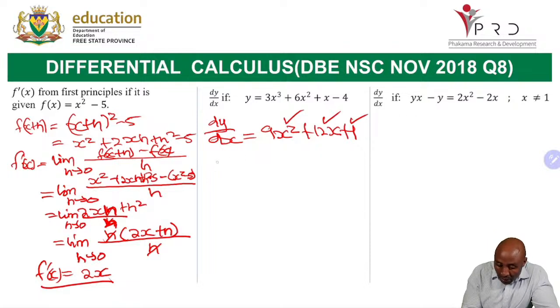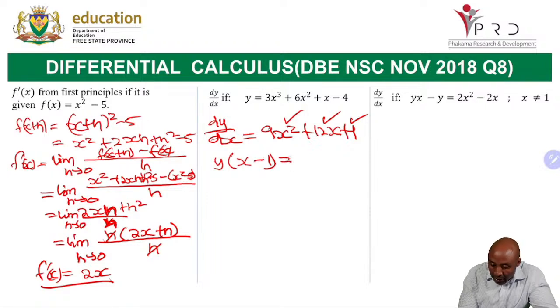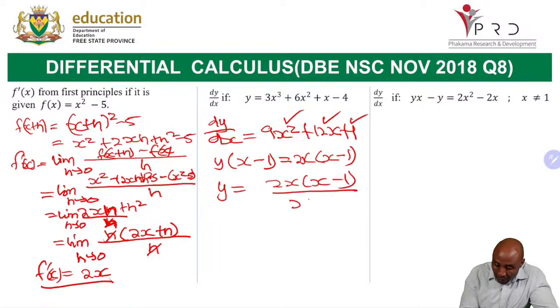If you check, 2 is a common factor, I can write that as y is equal to 2x, x minus 1, all this over x minus 1, and these are like terms, they will cancel each other, then I'll have y is equal to 2x.